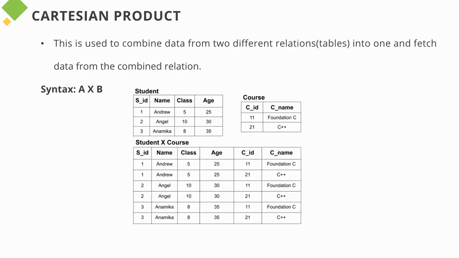Now let's move on to the next, Cartesian product. It's like a cross product. This is used to combine data from two different tables into one. It also produces duplicate values too. If you take student and course, for Andrew, class 5, class 25, for this row, I'll take all the rows from the other table.